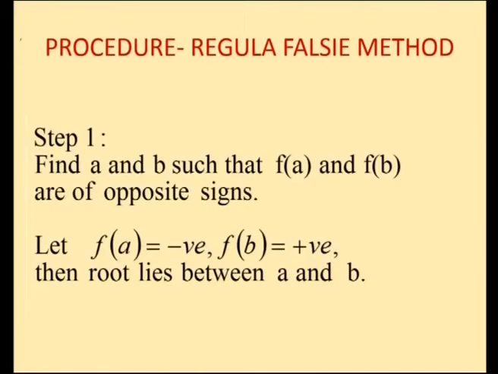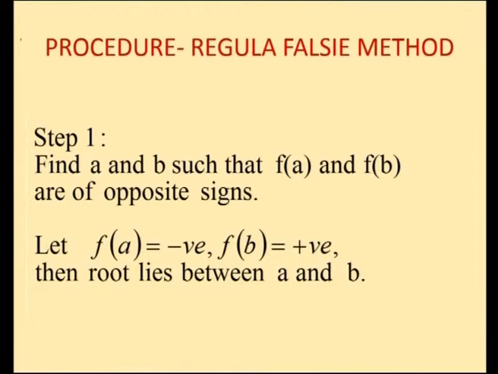After discussing the iteration methods and bisection method, next we talk about the regula-falsi method for solution of algebraic and transcendental equations. The procedure for regula-falsi method goes like this. The first step is the same for all the iteration methods, that is, find a and b such that f of a and f of b are of opposite signs.